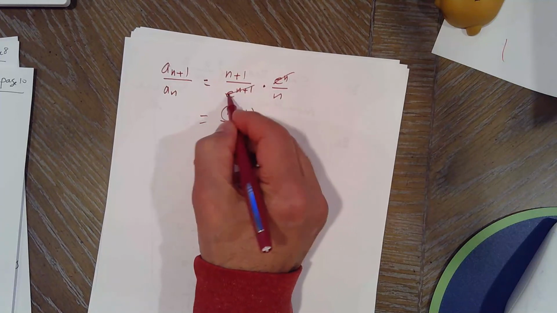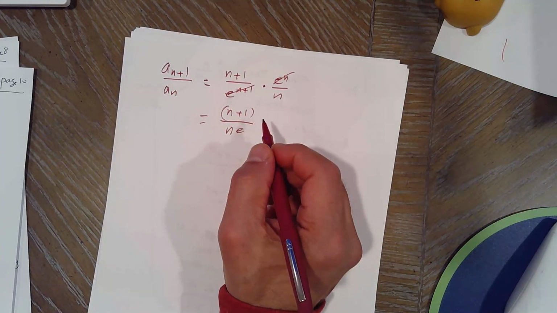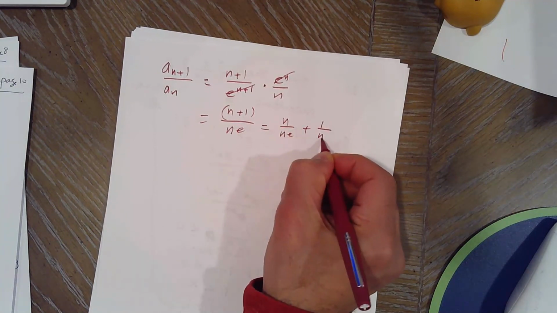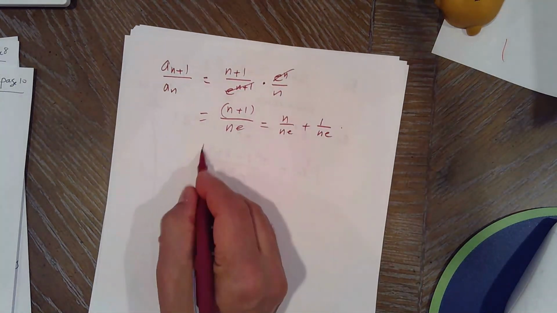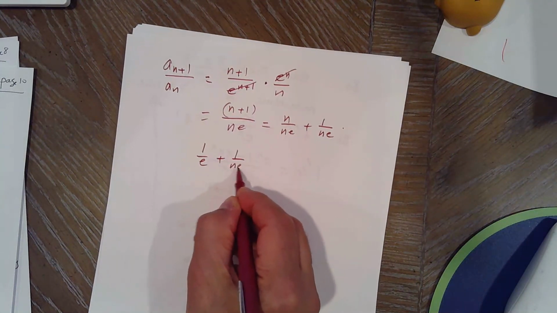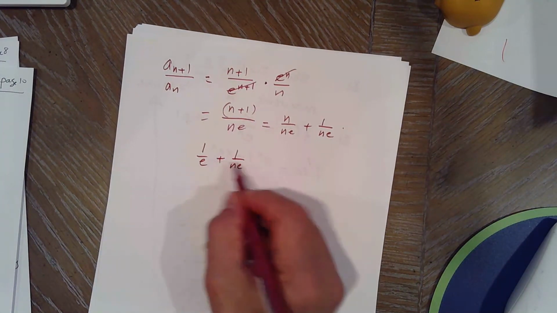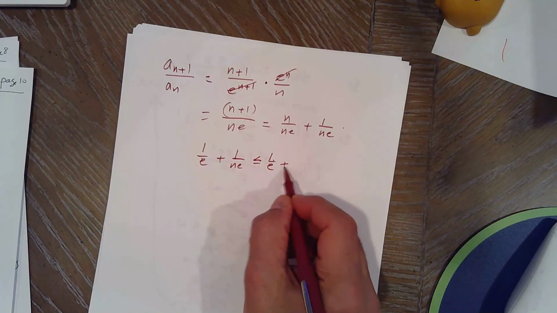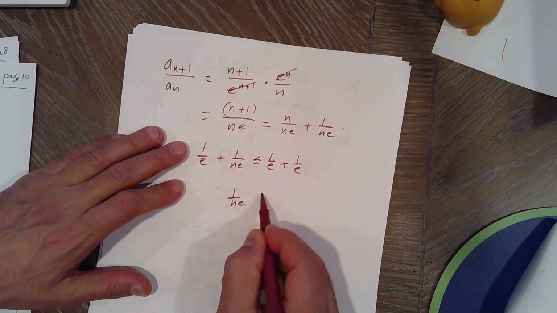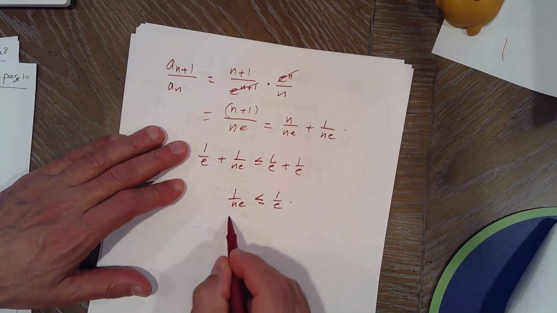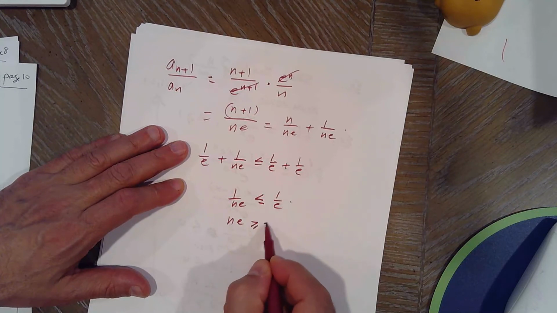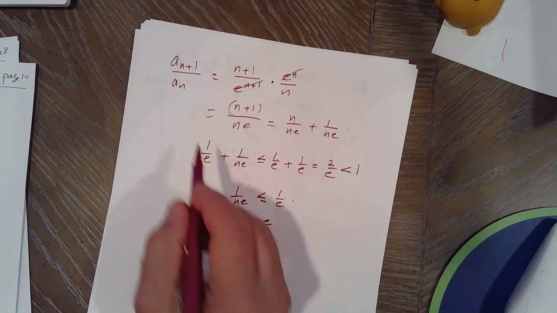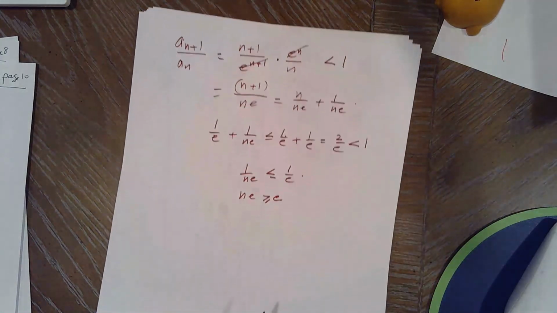If we cancel this with that, we get e, and that's going to be n over ne plus 1 over ne, which would be 1/e + 1/(ne). 1/e is the same as 1/e. These are equal. This is less than 1/e, like 1/(ne) is less than or equal to 1/e, because ne is greater or equal to e. Okay, so 2/e, which is less than 1. So we got this less than 1, and it's monotonic decreasing.